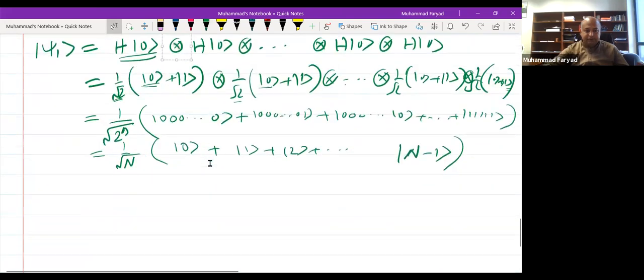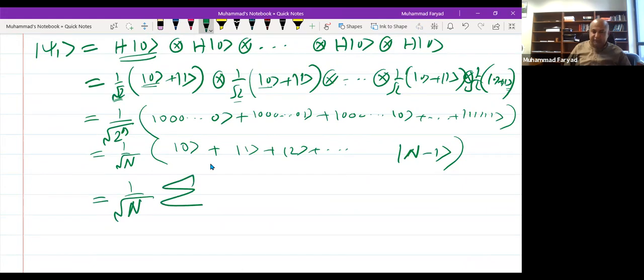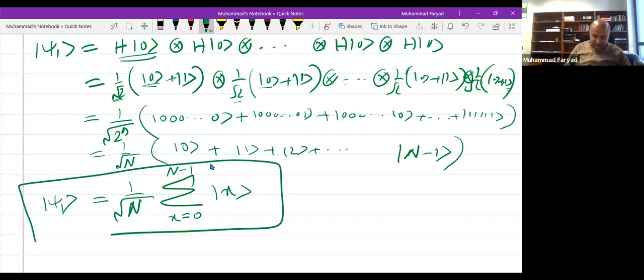Good. So let's now collect it together. I can write this sum as a sum over x from 0 to N minus 1 of |x>. So this is my psi1 state.